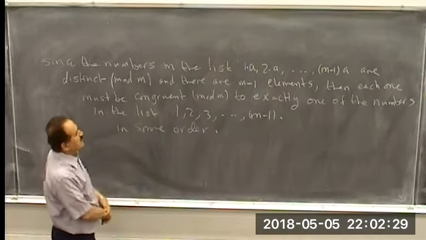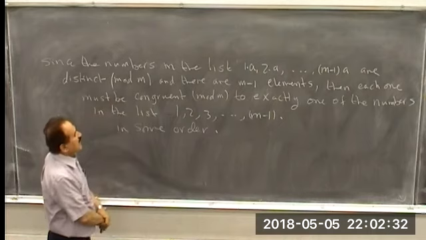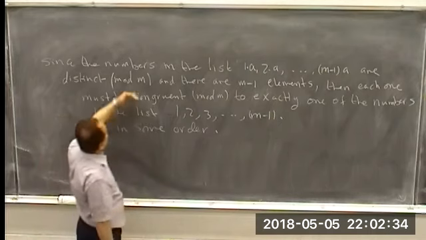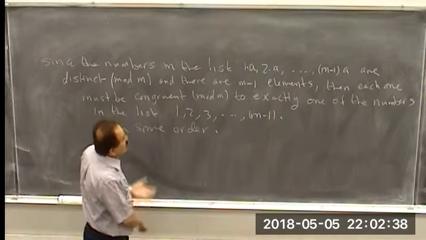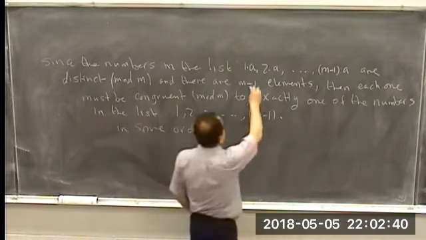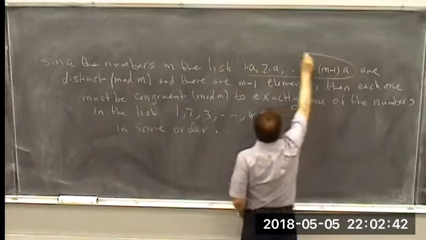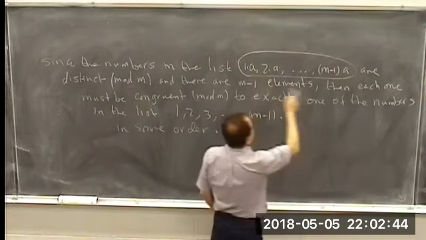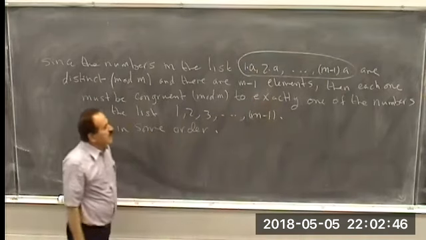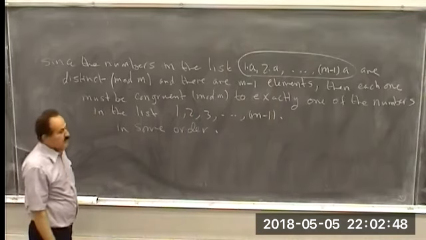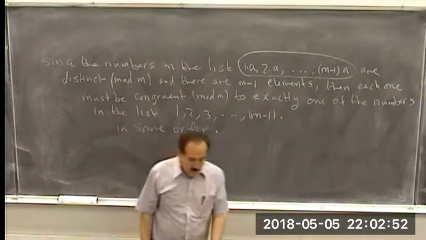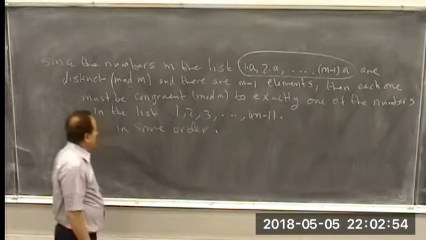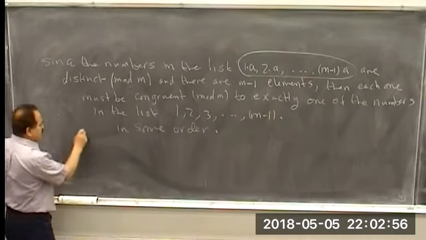They are not congruent in pairs, so they are different mod m. Another way of saying what we have shown is that if I add 0 to this, then I get a complete residue system mod m.